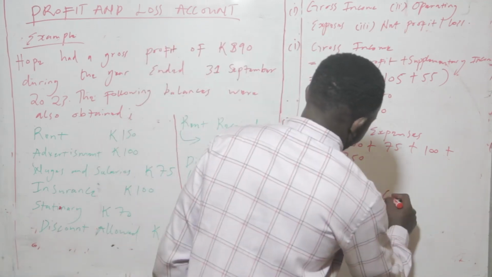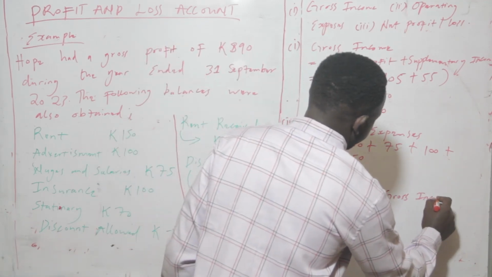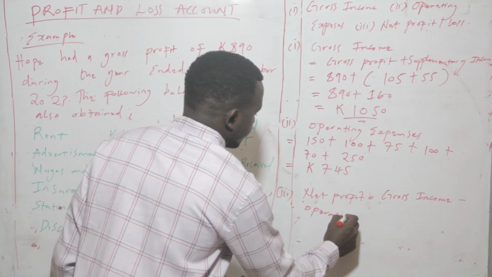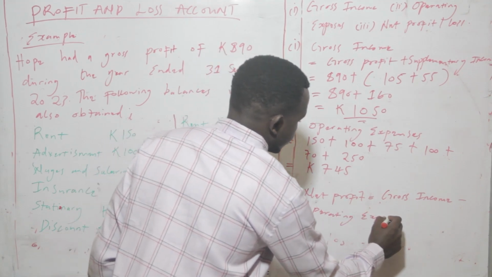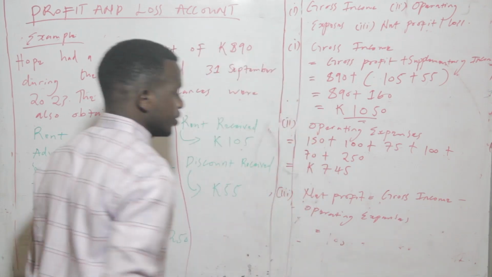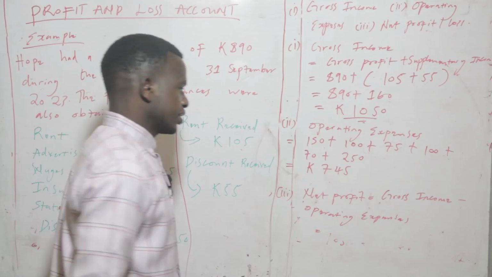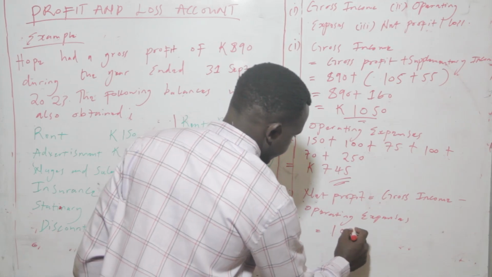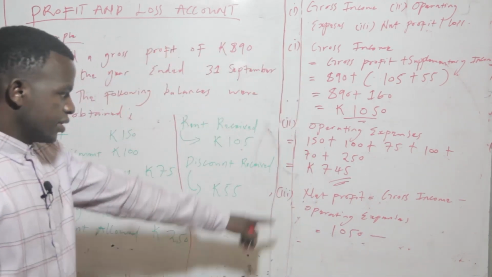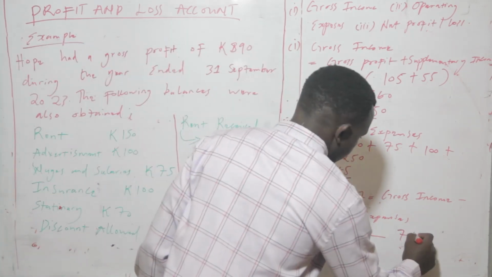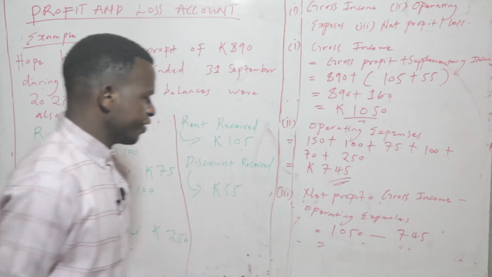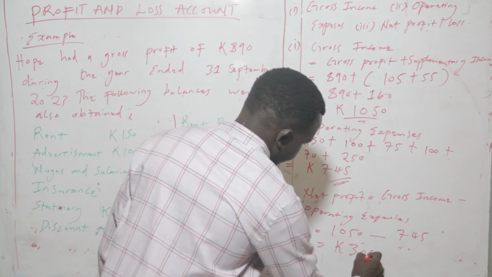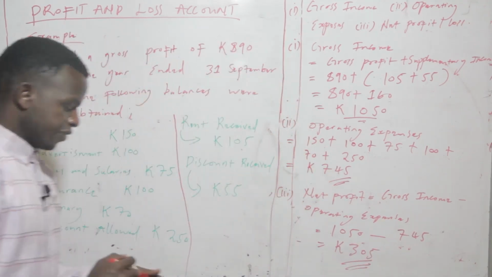So we say gross income minus operating expenses. 1,050 minus 745, we're going to have 305 as our net profit.